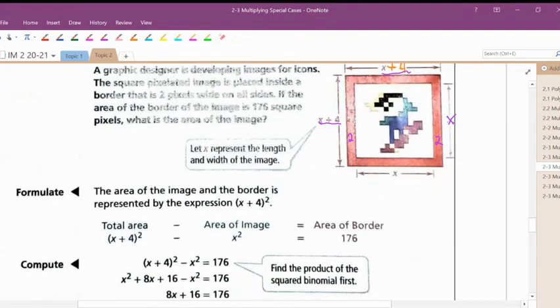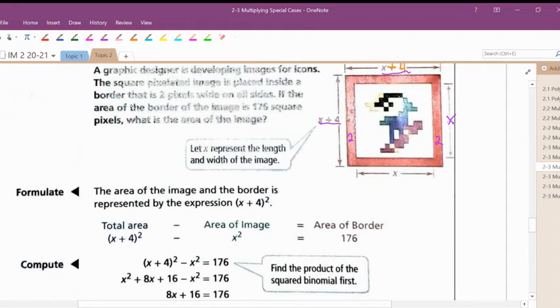So, we want to find the area of the image and the border, and that is x plus 4 squared. So, total area, it's x plus 4 squared, because it's length times width, minus the inside stuff. We just want to find the area of the border.